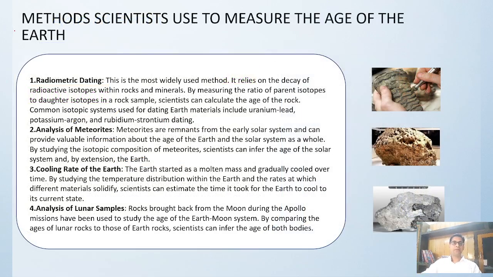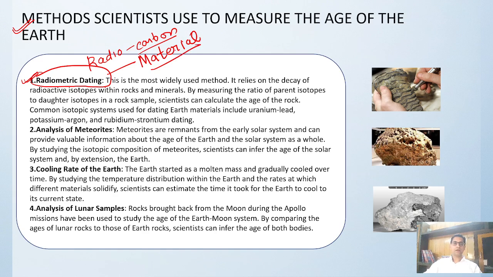So, the methods used. What are the methods used? First is radiometric dating, or radiocarbon dating, because here we are using carbon. Radiometric dating means we utilize a lot of other materials also, but under that we utilize carbon too, right? So we analyze the isotopes of various minerals.